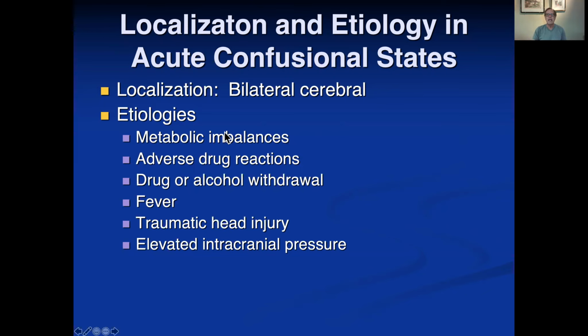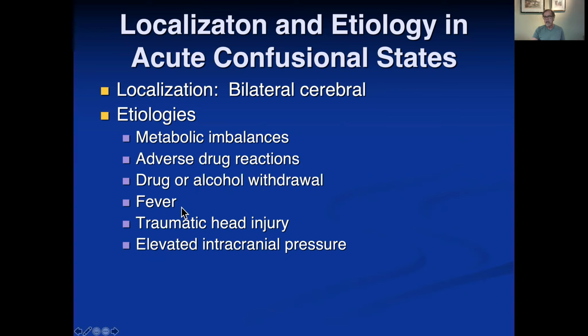So just metabolic imbalances, which are due to some other thing not working, can then alter mental functioning and make somebody confused. And they would be referred to as having delirium or an acute confusional state. Adverse drug reactions can do it. Drug or alcohol withdrawal, a high fever.